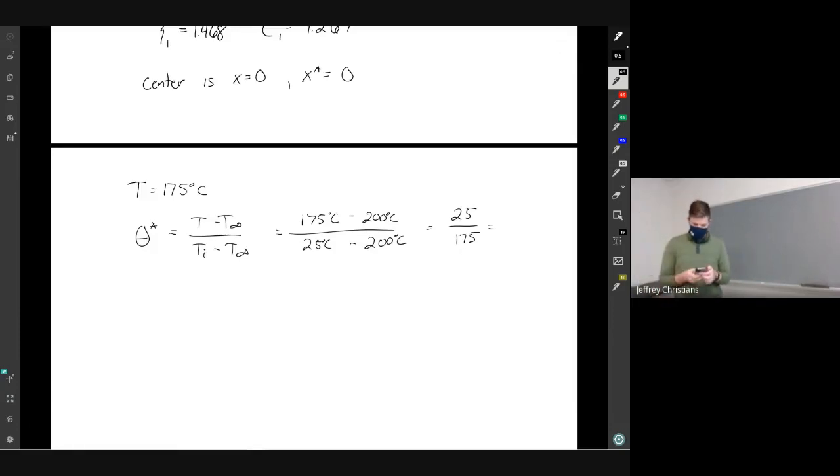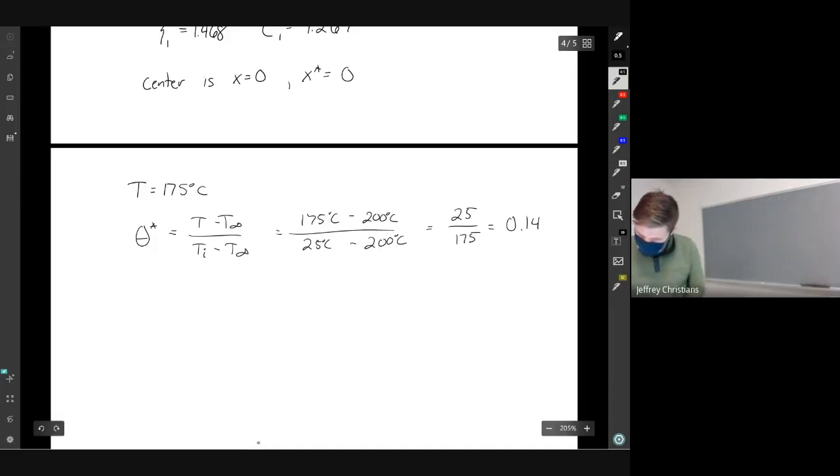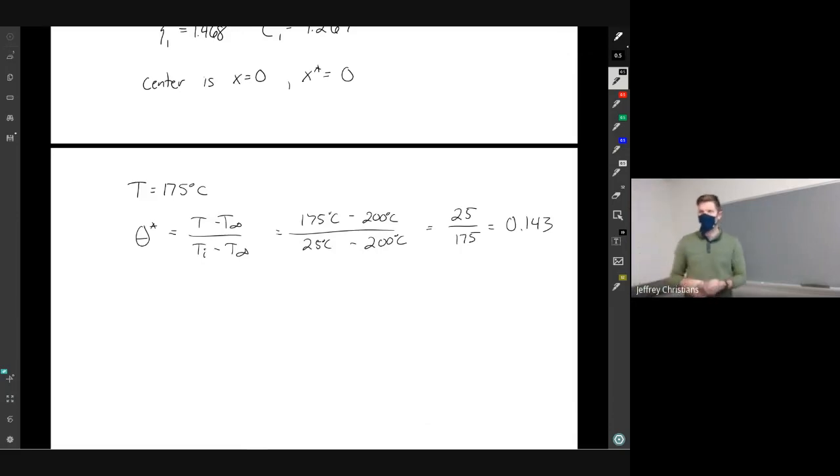So 25 over 175, that's 0.143. Right? So theta star is always going from 1, our initial condition, to 0. So we're most of the way to 0, which would be 200.